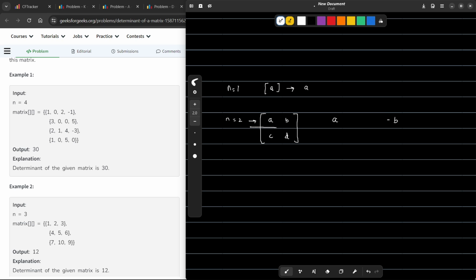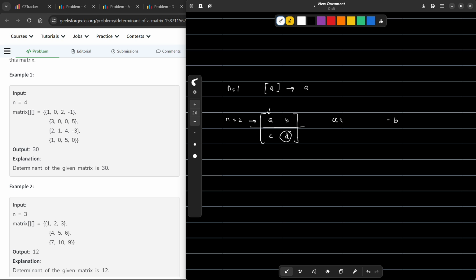Now I am going to take sub matrices from the lower half of this particular matrix, and whenever I am talking about A, I am going to ignore all the elements that are in the same column as A. So the only element remaining is D, right?